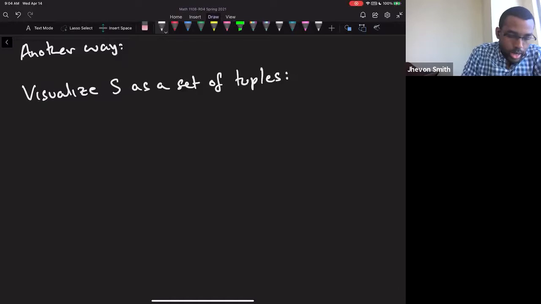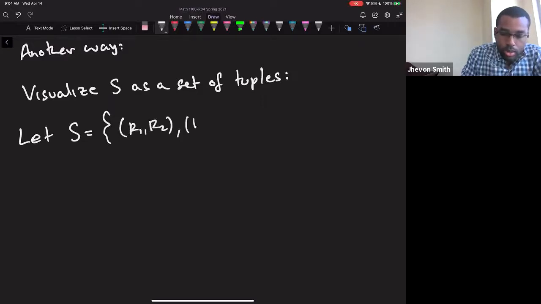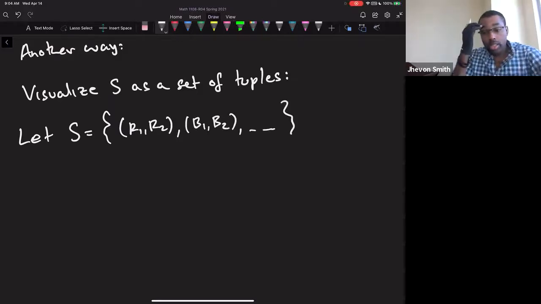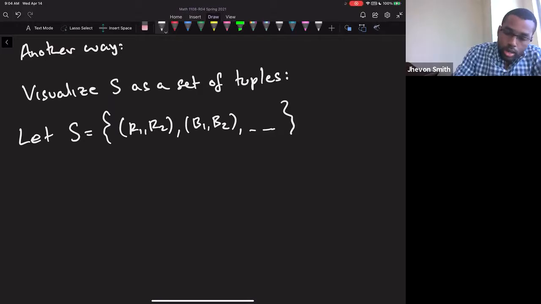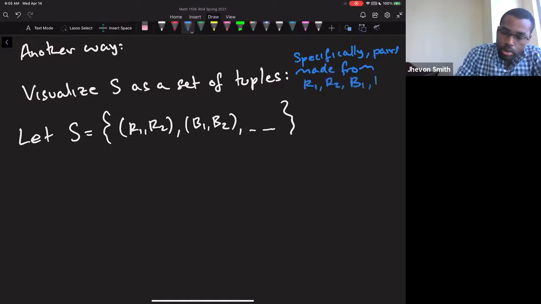Let S equal the set of (red 1, red 2), or (black 1, black 2), etc. All possible combinations of tuples, which are specifically pairs made from red 1, red 2, black 1, black 2. Think of all possible pairs.